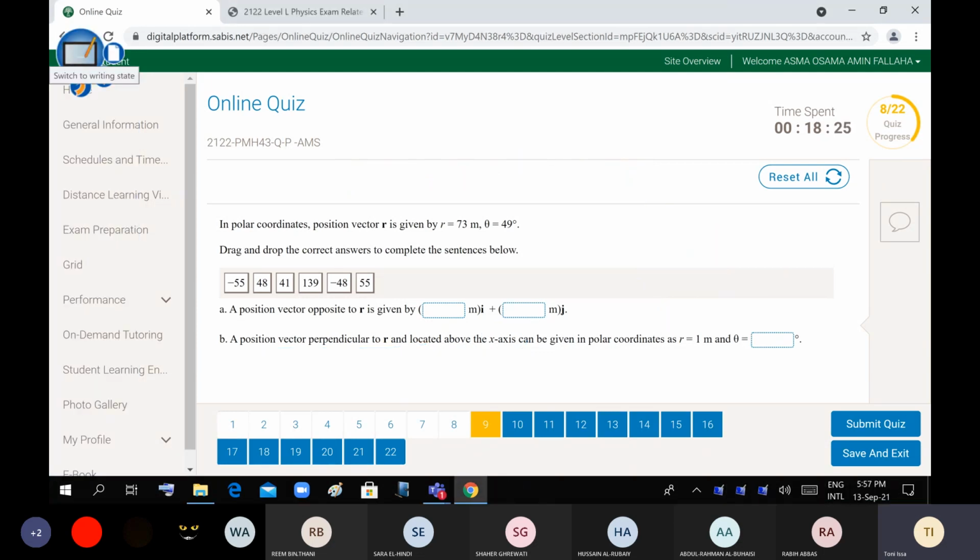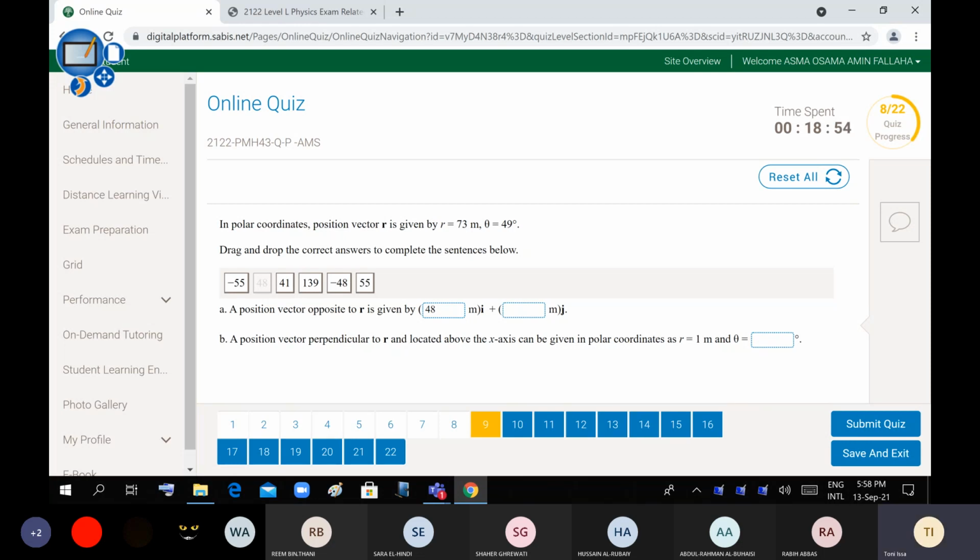So the answers here are going to be as follows. 73 cosine 49 will be 47.89, positive. So this will be here. Okay, and then we get 73 sine 49. We get 59.62.